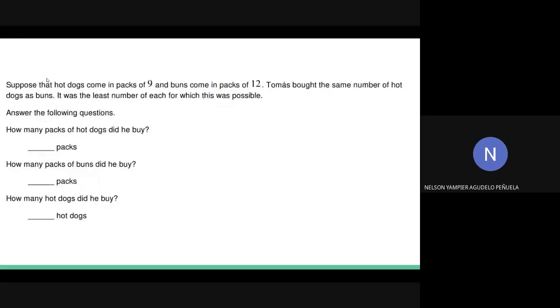Well, suppose that hot dogs come in packs of 9, okay? And buns, es un tipo de comida, come in packs of 12, okay? So imagine, this is a pack of hot dogs, a pack of 9, and this is a pack of buns.